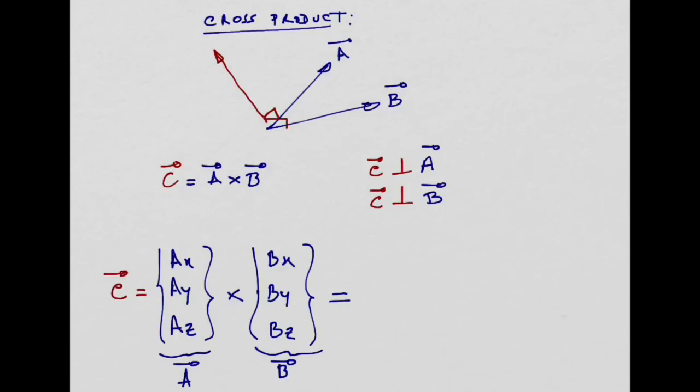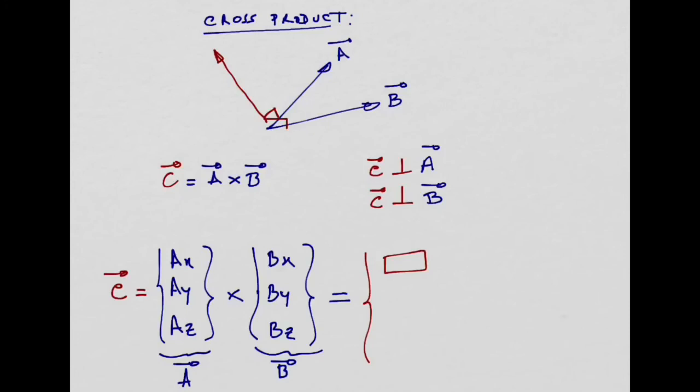So let's start with the x component of the vector. This is going to be the result, my vector C. Let's work this first component here in the x direction. How do I obtain this component?